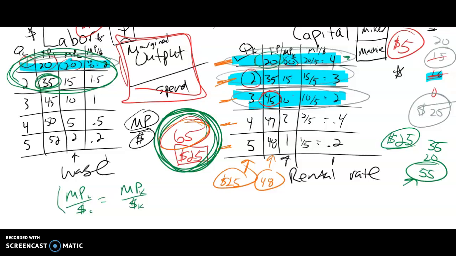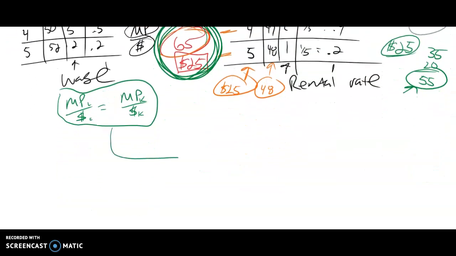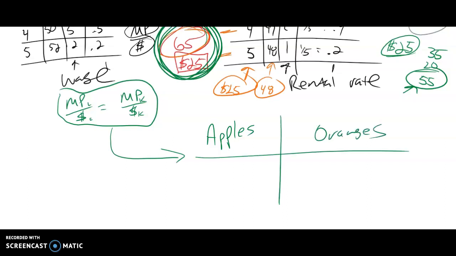Now, if this rings a bell to you, it should, because this idea goes back to the same thing when we talked about balancing, let's say, apples and oranges. And when we eat just apples, 1, 2, 3, 4, our marginal utility starts to drop as I eat more of them. Let's say it's awesome, it's a little bit less awesome, it's not as good, and I really don't care about it that much.